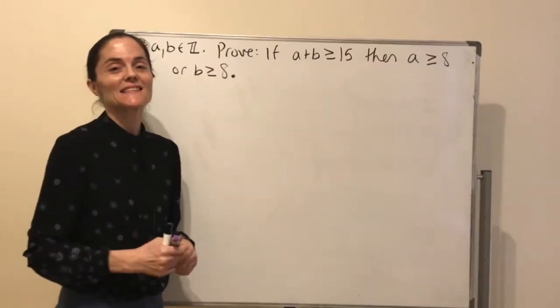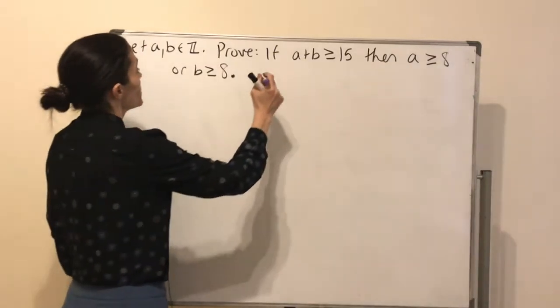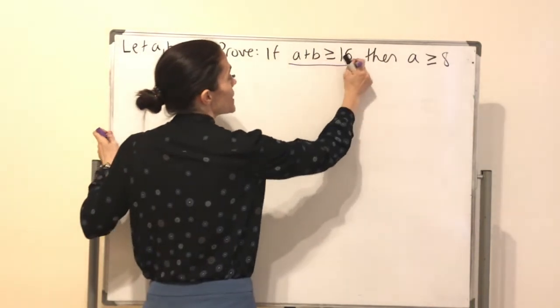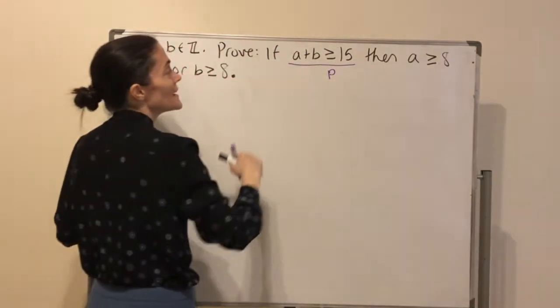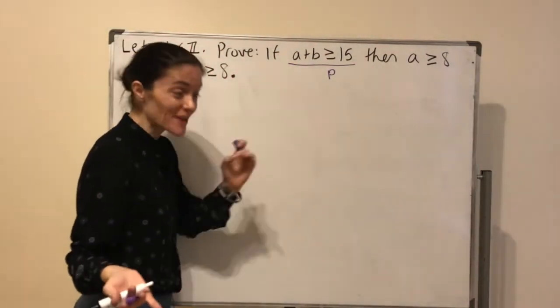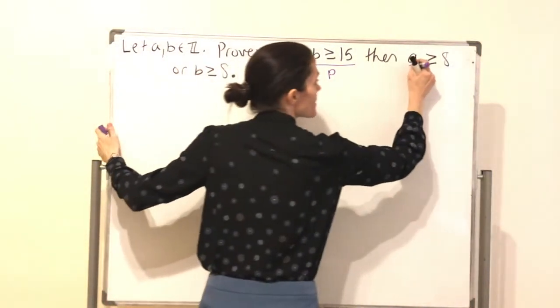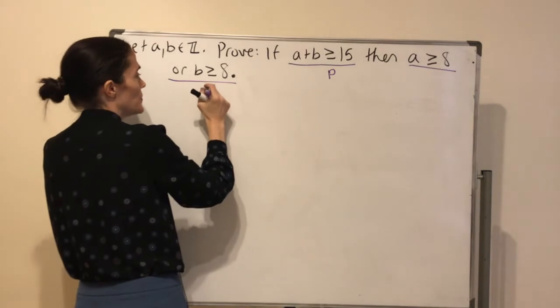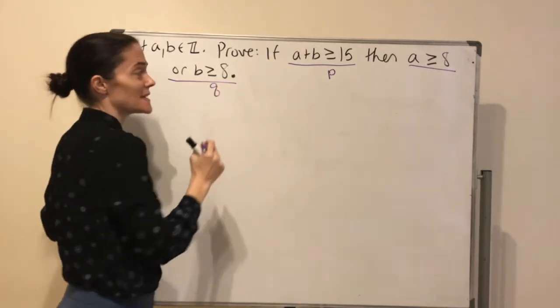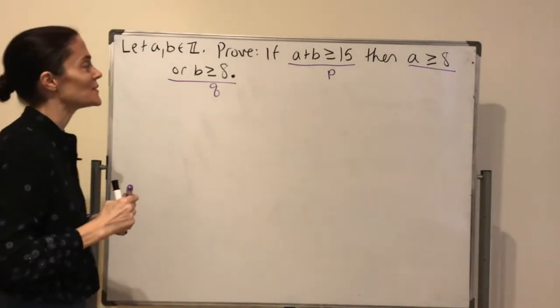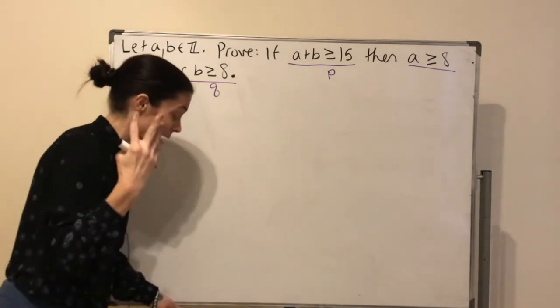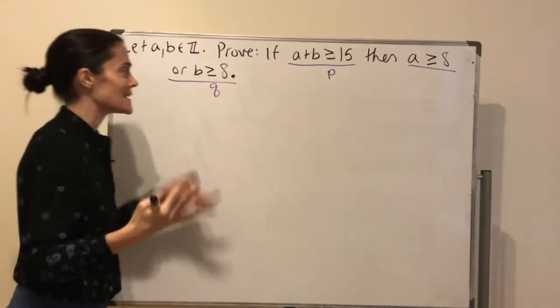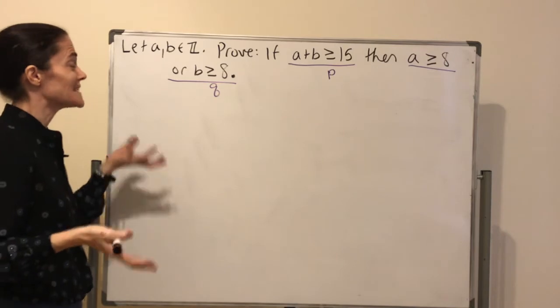Here's another example. For integers a and b, we want to prove if a plus b is greater than or equal to 15, then a is greater than or equal to 8, or b is greater than or equal to 8. This is a P implies Q. And if you try or think about proving this directly, it's kind of hard to get your hands on something.